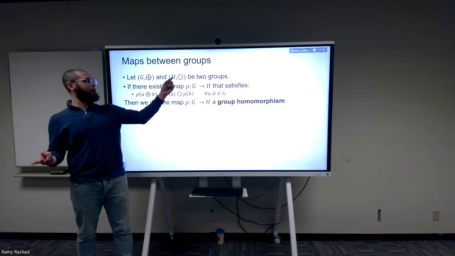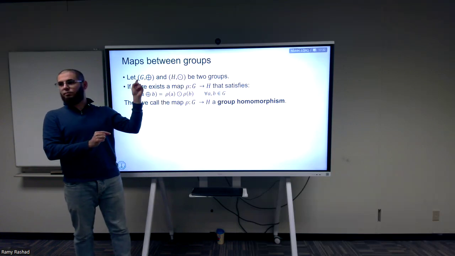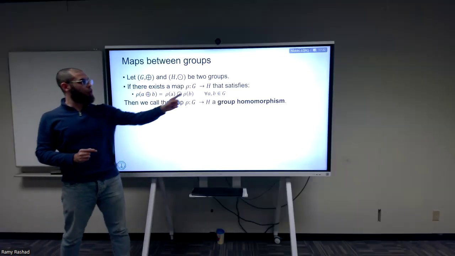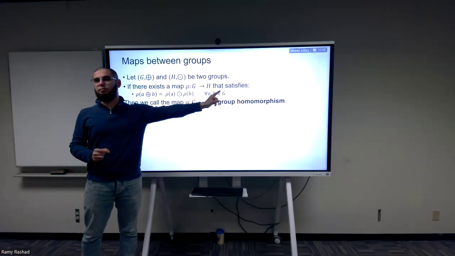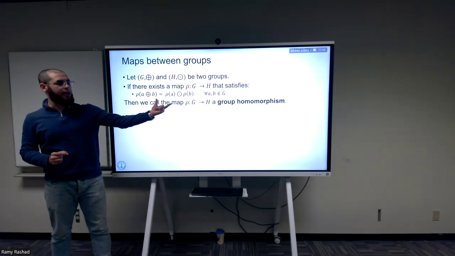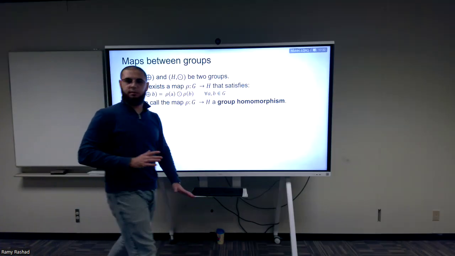I can act on them with the operation that corresponds to H, not the operation that corresponds to G, and I get the same result. If I do this for all elements a and b in G, then this rho is simply called a group homomorphism. Just a name. Clear?